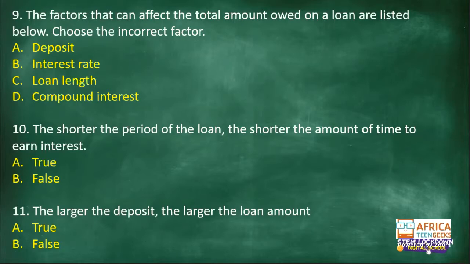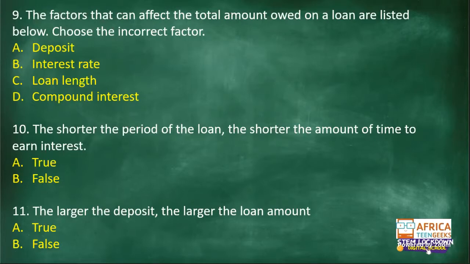Those factors are the interest rate, the loan length, which is the period of time that it takes for you to complete your loan payment, and of course, the compound interest as well. It can definitely affect the total amount that is owed on a loan.